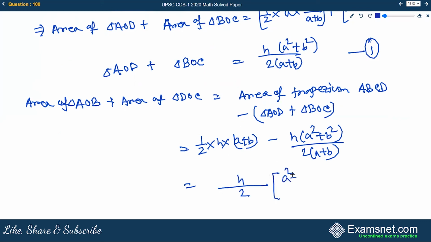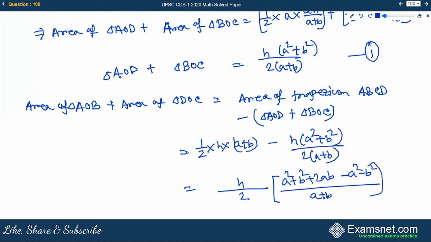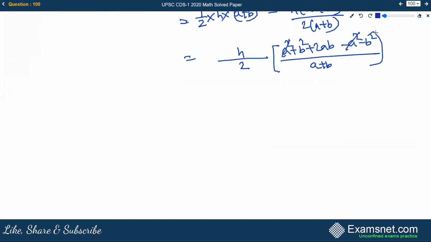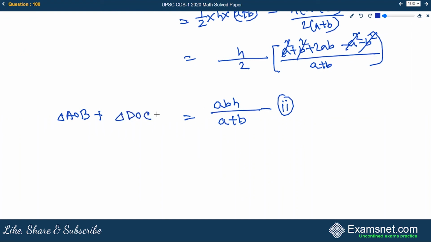So it will become A square plus B square plus 2AB minus A square minus B square by A plus B. So we will get only ABH by A plus B. Let's name it 2. Okay, so this is the area of triangle AOB and this is the area of the sum of the triangle AOB and triangle DOC.